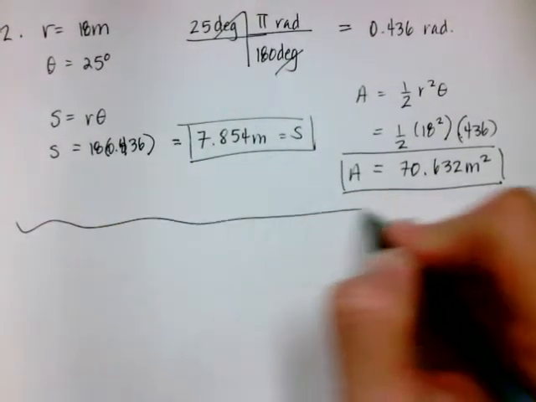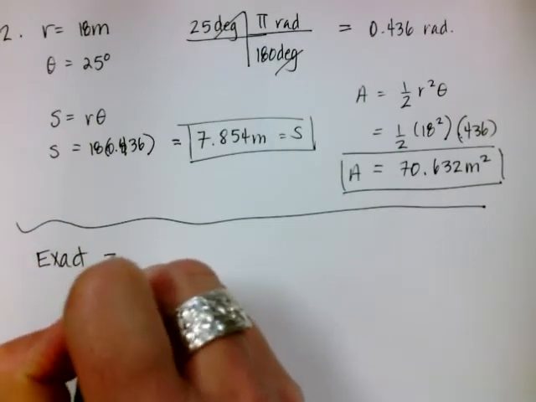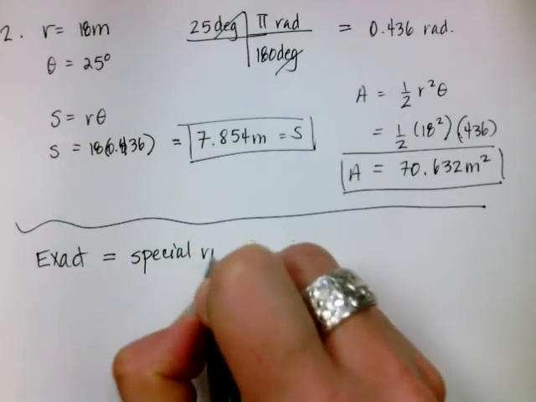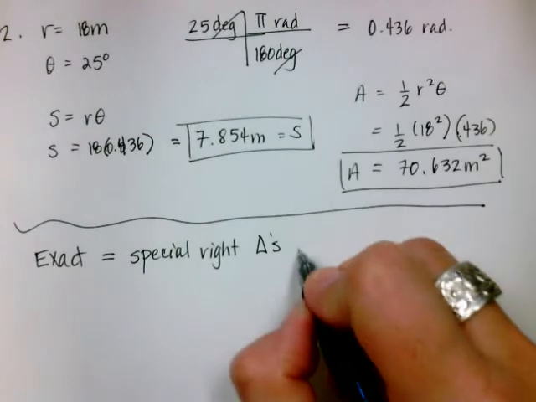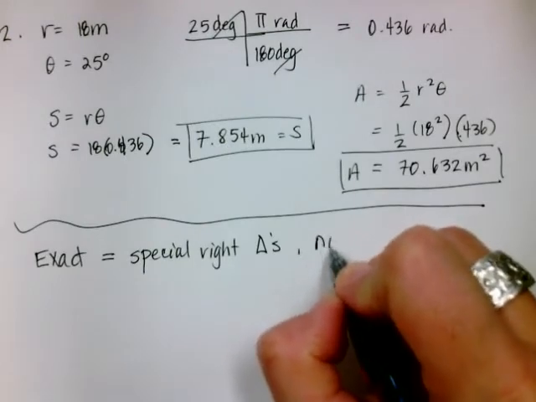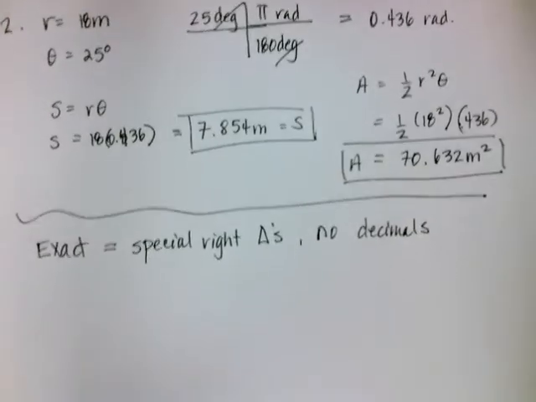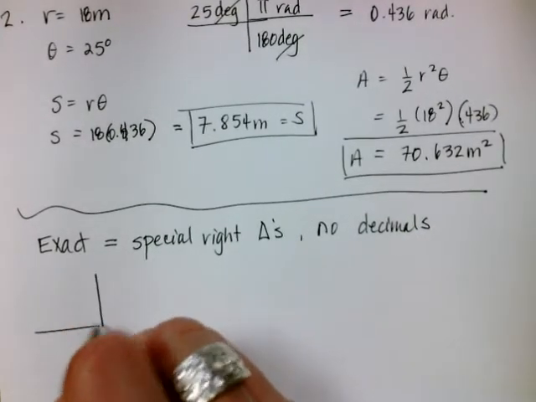The next thing that happens is we start talking about this lovely word exact. And exact means you're going to use your special right triangles. It also means no decimals. Before I do this, I'm just going to remind you of your special right triangles.